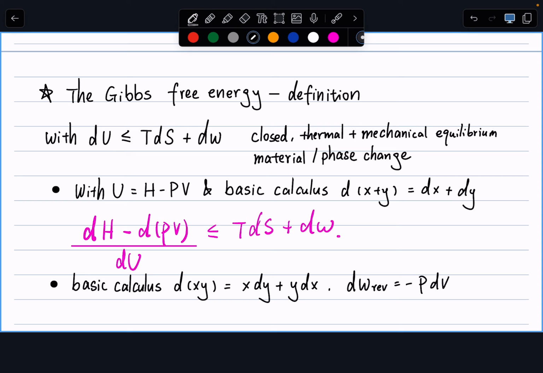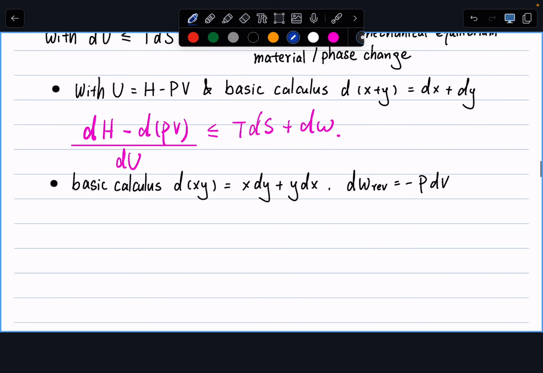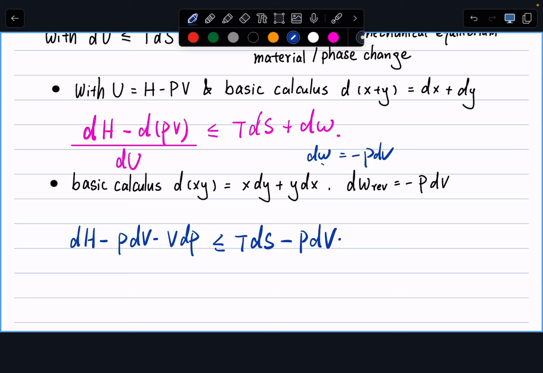And then from there, we can rewrite it out. So dH minus PdV minus VdP, that's just calculus, smaller than or equal to TdS minus PdV, right? So your dW equals negative PdV.